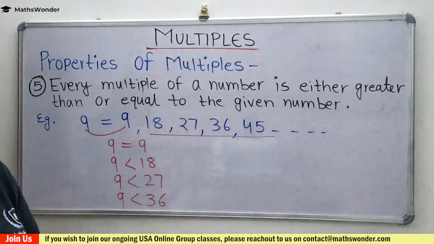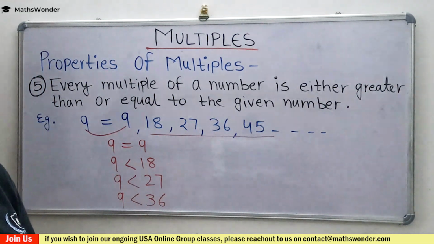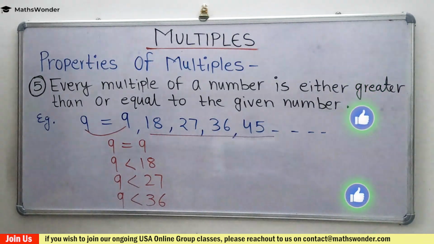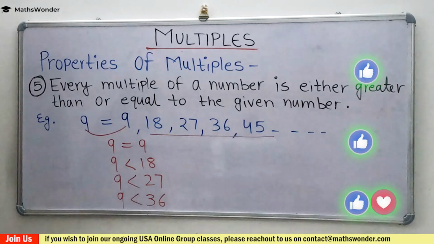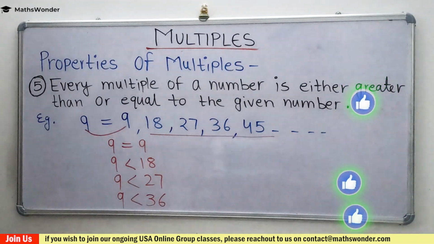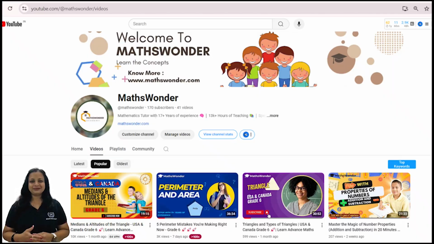Right? So there are some properties which are just the opposite of factors. Okay? Any confusion? Yeah. So we have learned multiples today in detail, and every property we have done in detail, right?